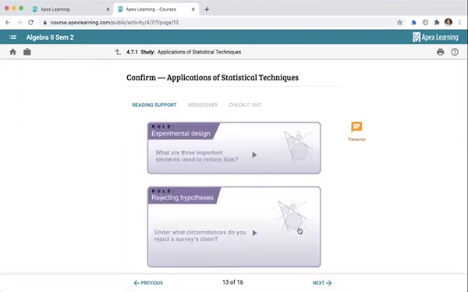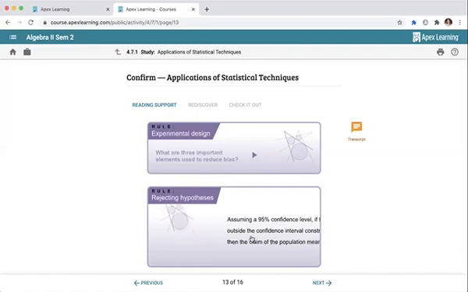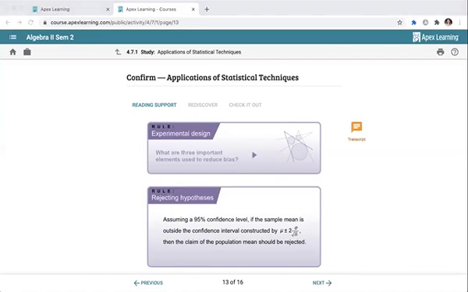Okay, so to wrap this unit up, it's important to reduce bias by doing controls, repetition, and randomization. And under what circumstances do you reject a survey claim? That would be if it falls outside of our 95% confidence interval.